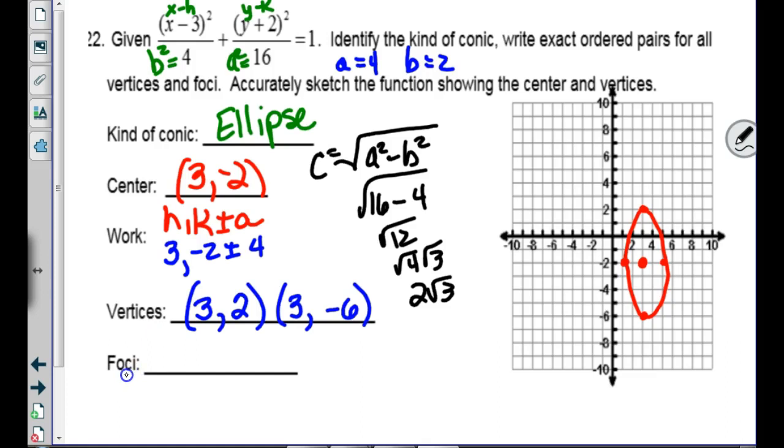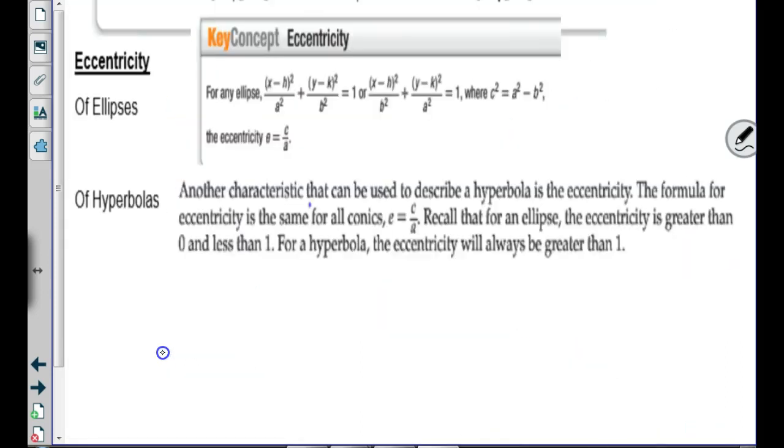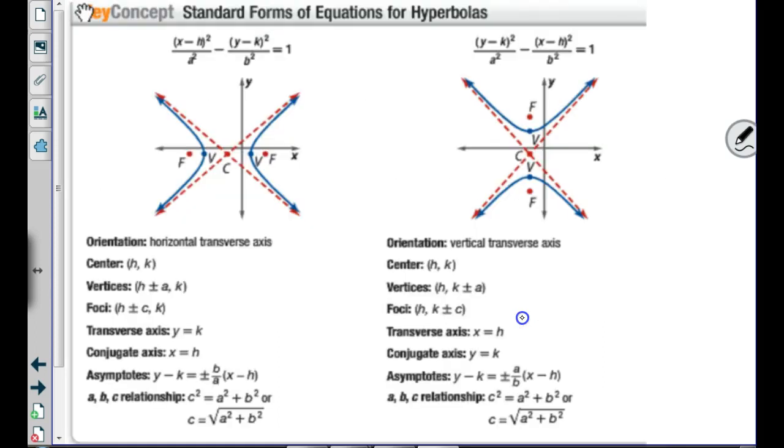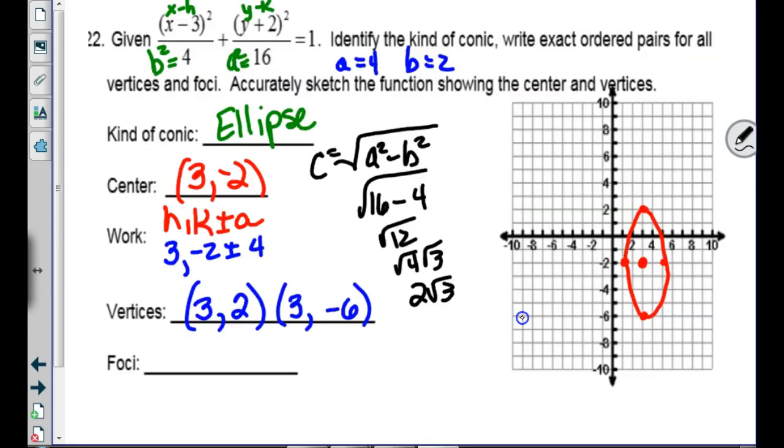And the definition for foci, do we add it to the x or to the y? Again, it's going up and down, so it's this one, h comma k plus or minus c. So it would be 3 comma -2 plus or minus 2 square roots of 3. Can you simplify that? Like -2 plus 2. Can you write 0 square roots of 3?